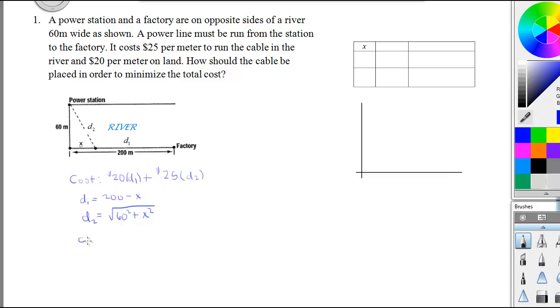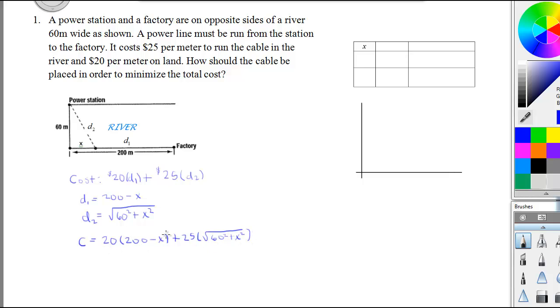And so then your cost equation as a function of x is equal to 20 times (200 minus x) plus 25 times the square root of 60 squared plus x squared.